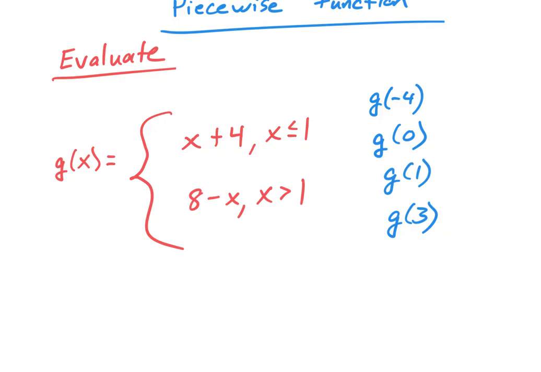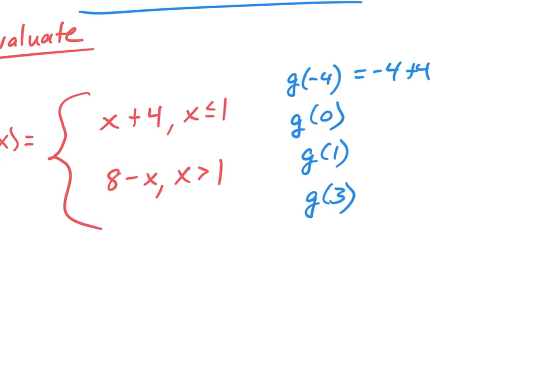I'm going to start with -4. -4 is less than or equal to 1, so this is the function we're going to choose. We're not going to do both; we're going to do one or the other. So I'm going to do -4 plus 4, which is 0. That's all you have to do.